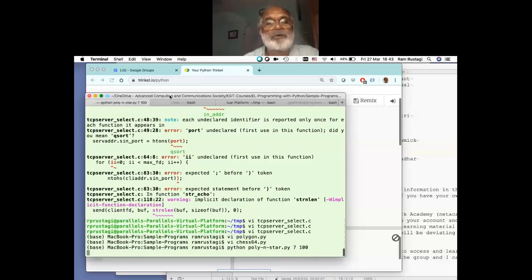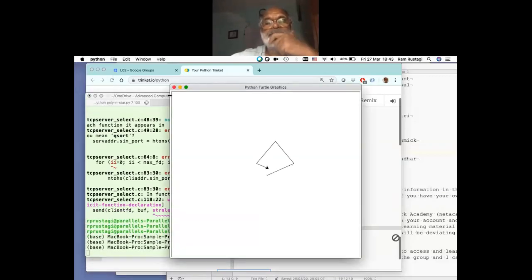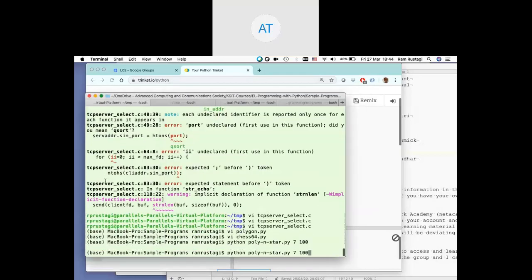It will basically draw the star. You can try that with 5.